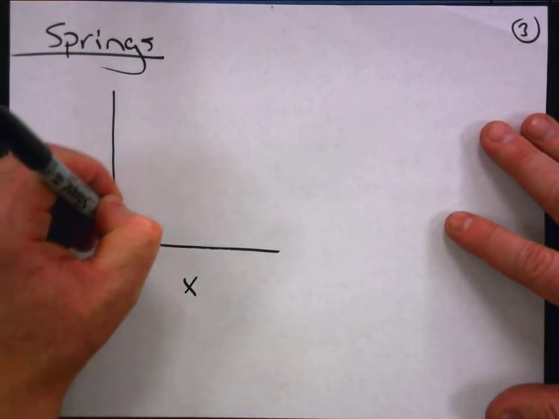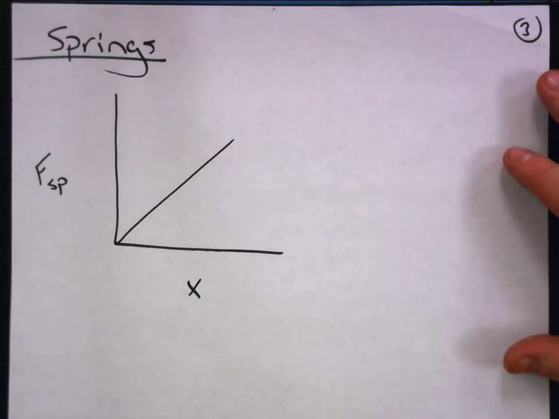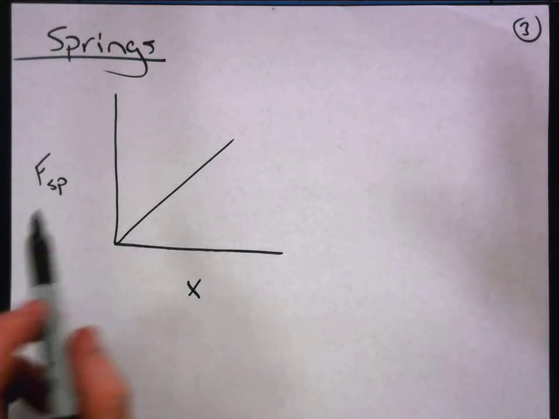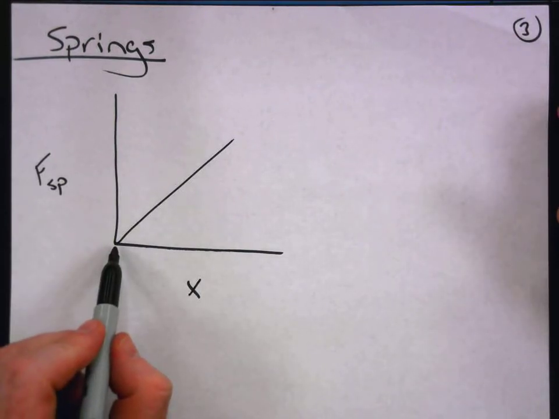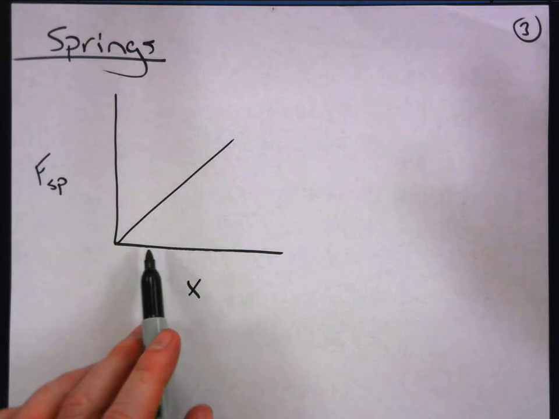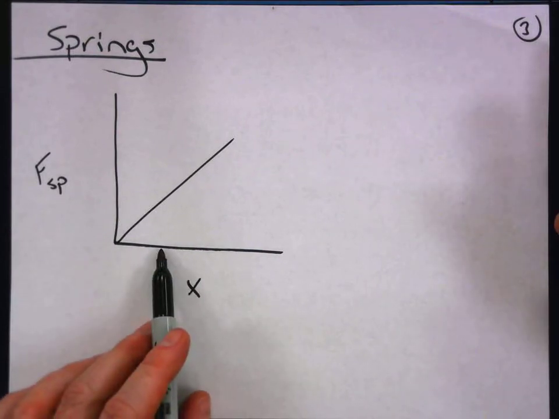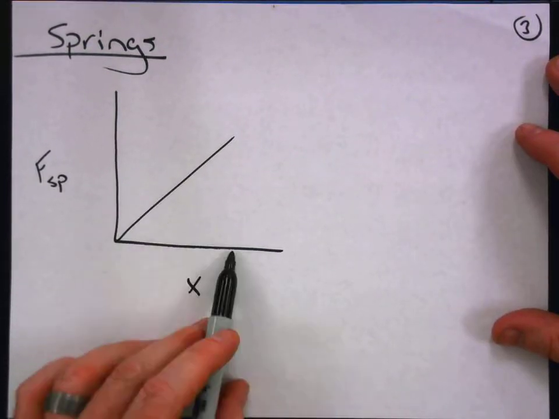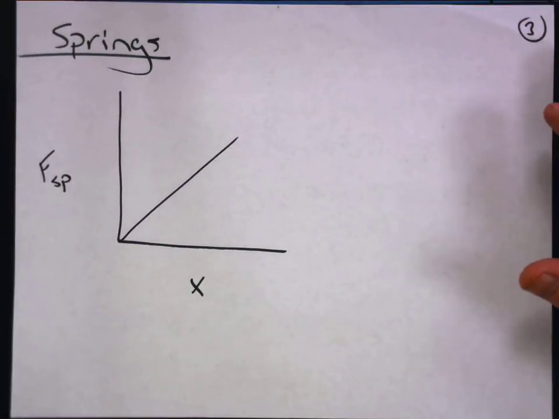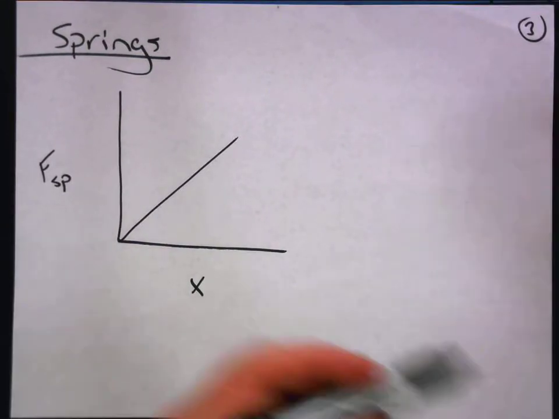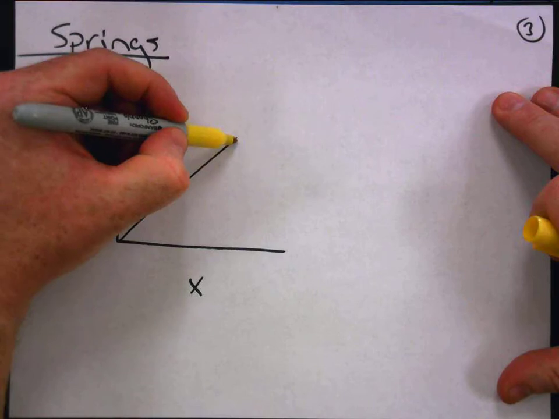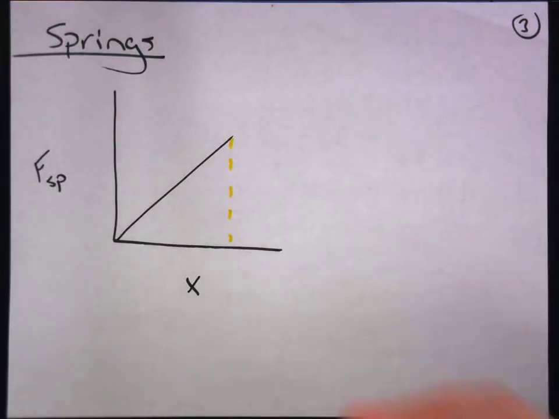You typically get something like that for springs that obey Hooke's law. With zero stretch or compression, you have zero spring force. If you have a certain amount, you get a certain amount of spring force. You double that amount, you get twice as much spring force. It's linear. Brilliant. But what we see is a triangle.